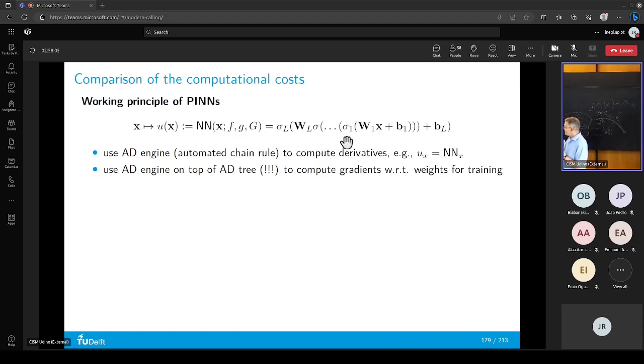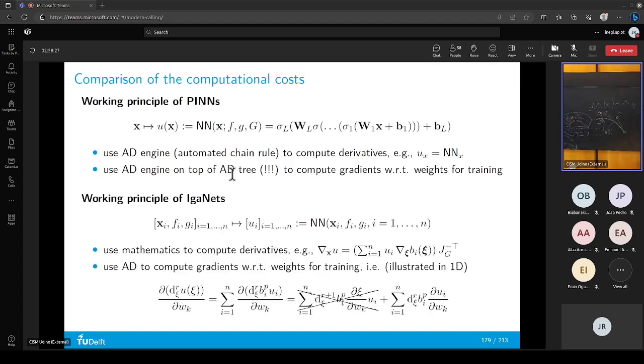Already to compute the first derivative, we have to differentiate the network, maybe in forward mode. If we want to train, we then apply reverse mode AD to get the gradient with respect to all the weights. It's quite heavy. Let's look at the working principle of IGA nets.